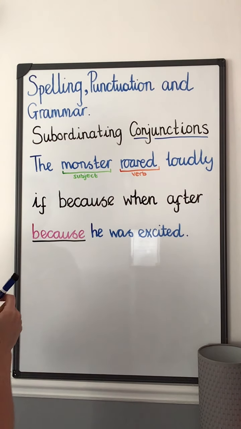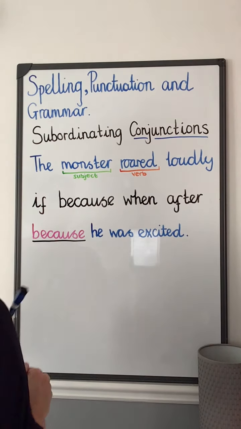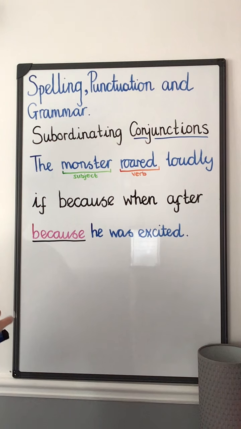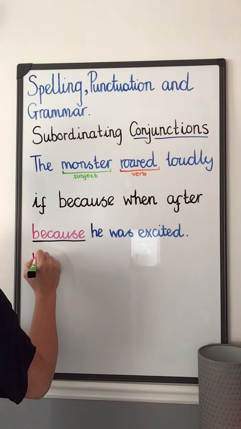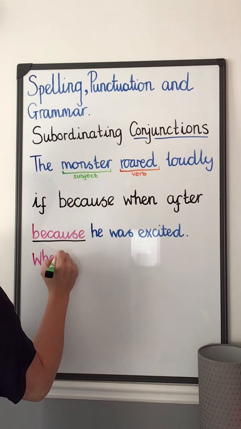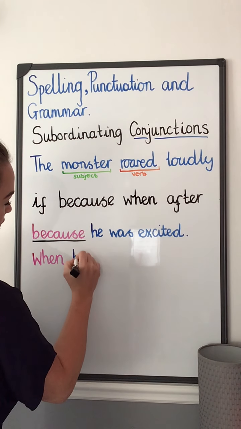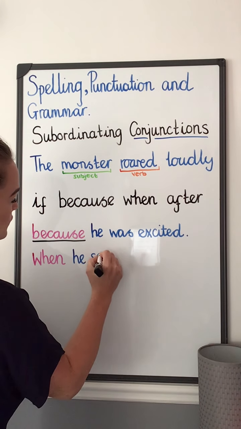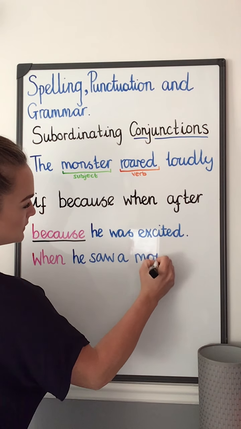Now I'm going to use another subordinating conjunction to add to my main clause. And this time I'm going to use when. The monster roared loudly when he saw a mouse.